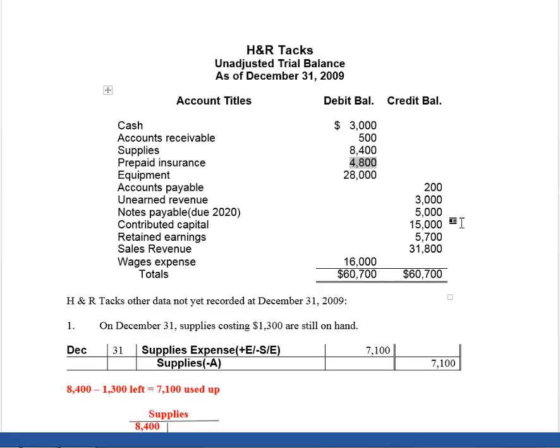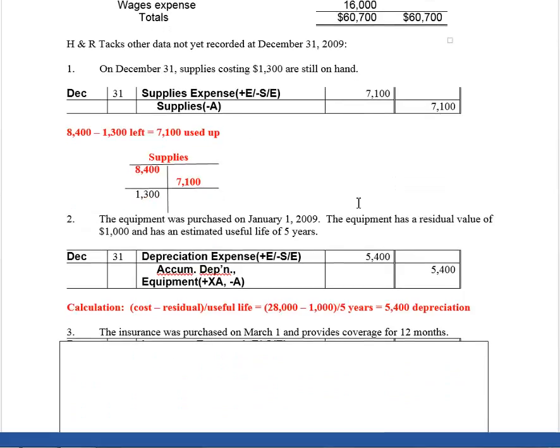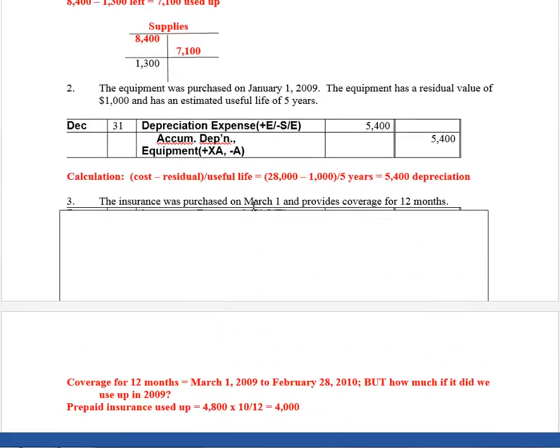So if I'm using up that insurance through having insurance coverage during the year, that's a cost of doing my business. So the question becomes, how much of that prepaid insurance that I bought on March the 1st for $4,800 did I use up? Well, that's for 12 months. How do I know? The question told me I bought it on March the 1st, and it's giving me 12 months of coverage.